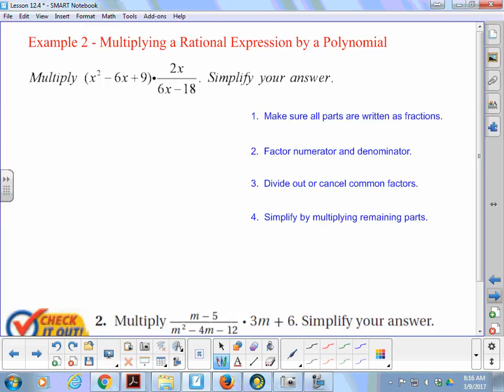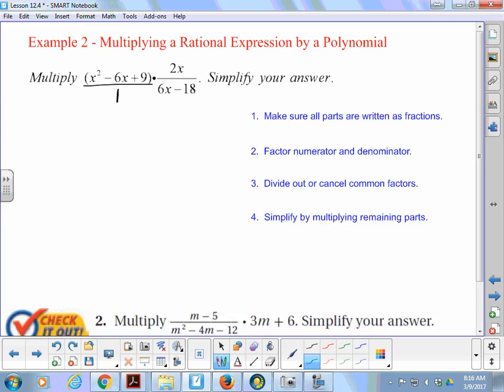Put it over 1. Okay? So this is actually over 1. Now, the reason that that's important is because sometimes without doing that, we forget, where does that go? Does that go with the numerator or does it go with the denominator? Okay? Then our next step is we're going to factor.